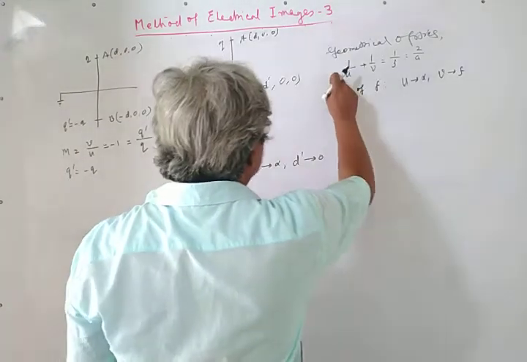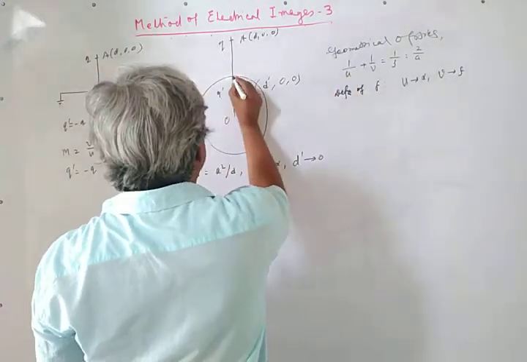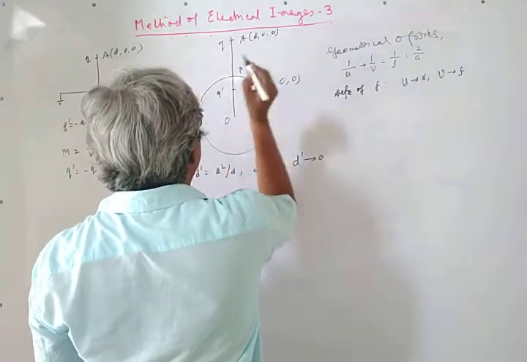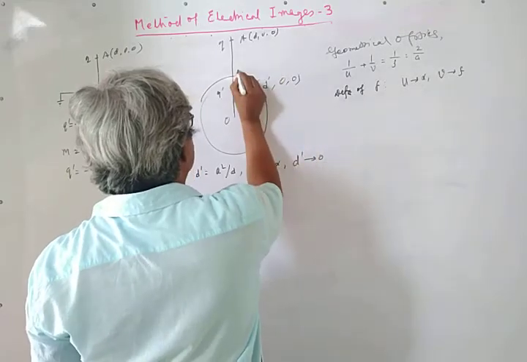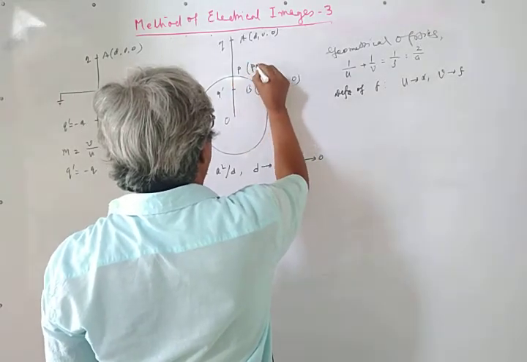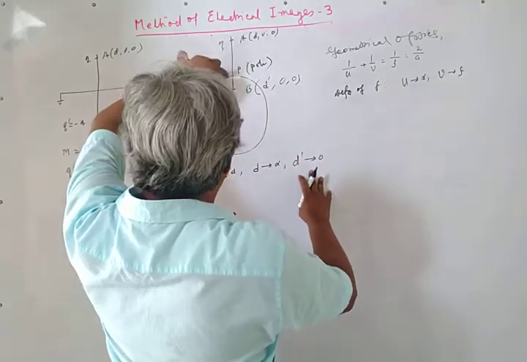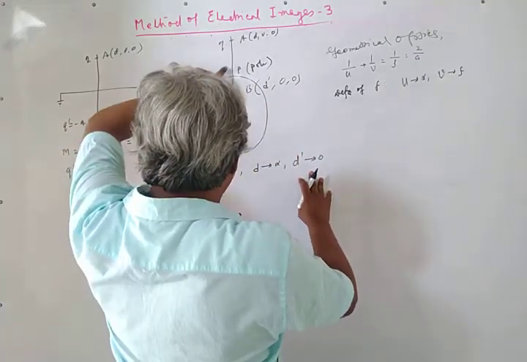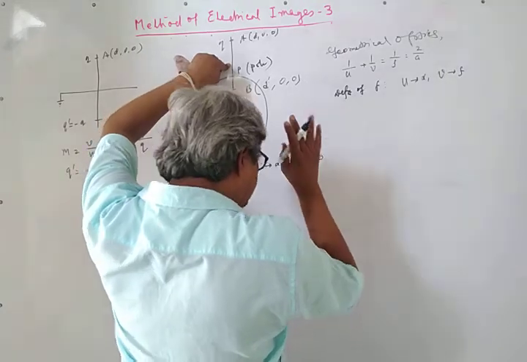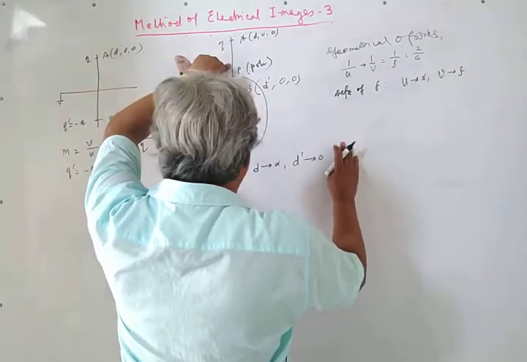Here, note that all the distances are measured from the pole P, and any distance measured in the direction of the incident ray is negative.